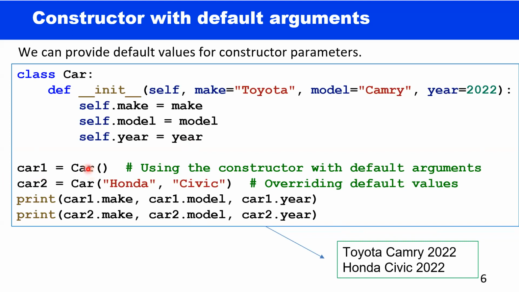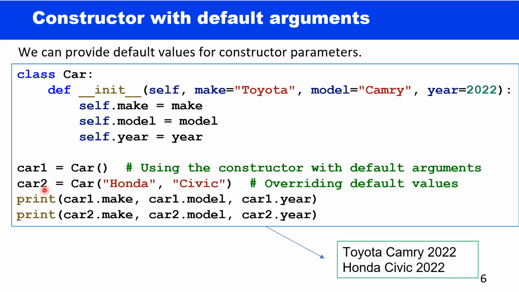That means here we are using a constructor with default arguments. If we don't pass any parameters, by default, these values are going to be assigned to the attributes of the object. Since for car1 we are not passing any parameters, by default it is going to take the make as Toyota, model as Camry, and year as 2022.